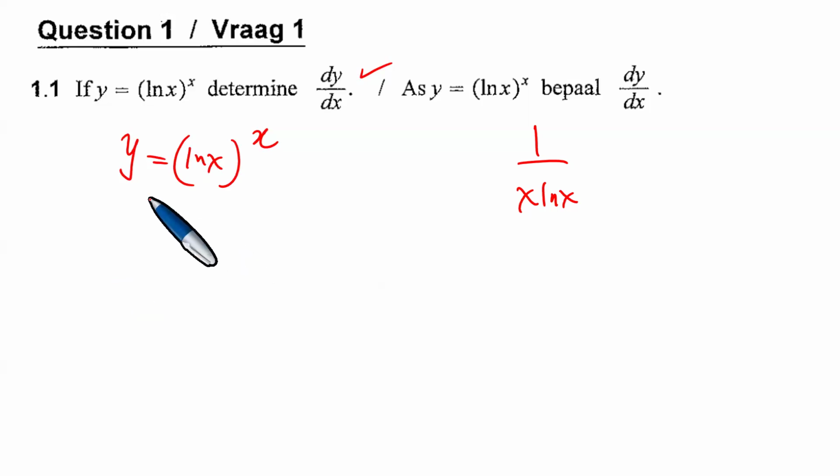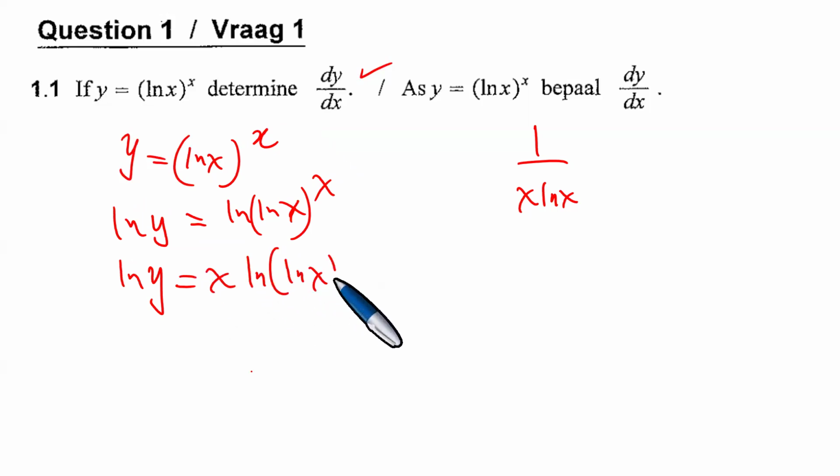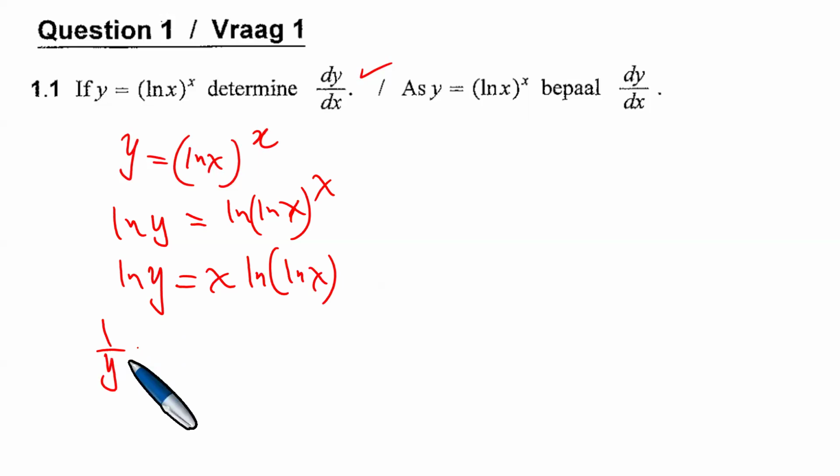So to do this particular one, we need to do the following. Because we have x in the power, when x is the power, we take the ln of both sides. So we have ln y equals x ln of ln x. Now you find the derivative of this, which is 1 over y dy/dx.